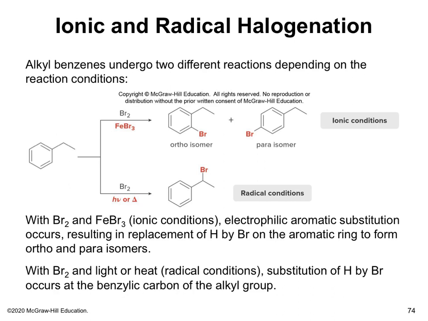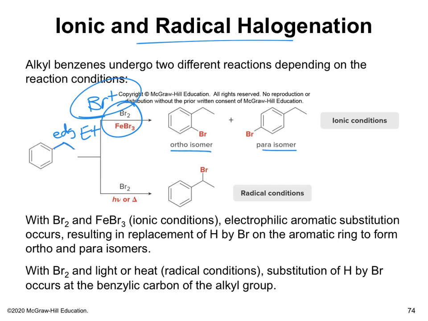This is showing you ionic versus radical. If you have iron with iron 3 bromide, this is ionic, because you get a very strong electrophile. You've got to think about this being an electron donating group, which is going to be an ortho-para director. Keep in mind, if you get bromine and free radicals, there's your bromine initiation.